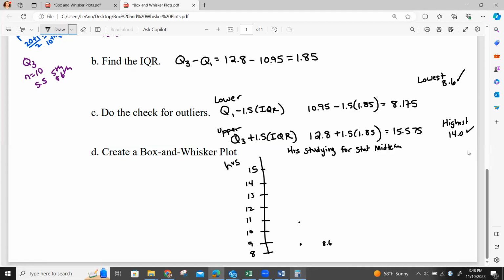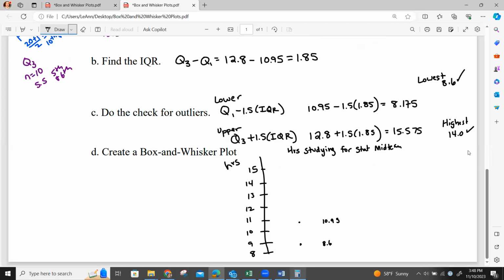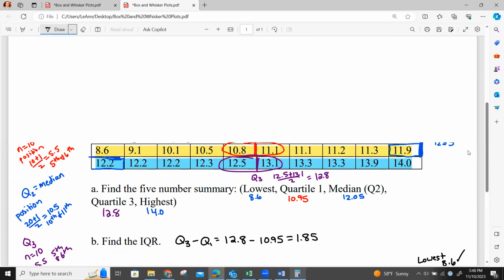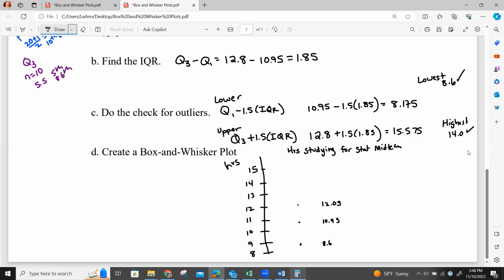So we're going to put a mark there. We'll call that value out as well. The median was 12.05, so just a little bit above 12. The Q3 was 12.8, so almost to 13, but not quite. And then our top value was 14.